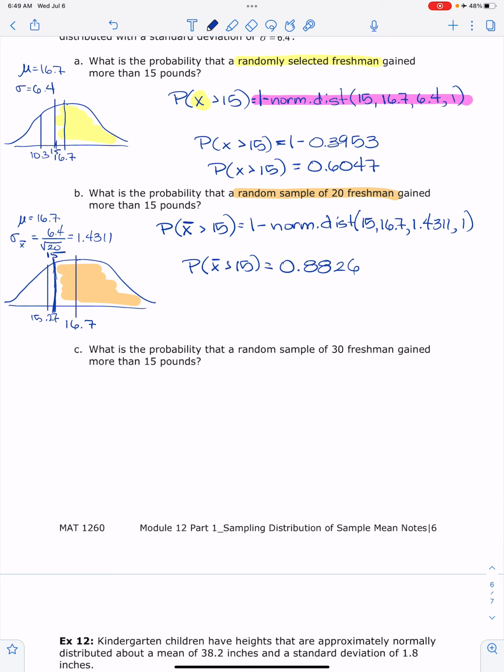We are sampling 20 and taking that average. Okay? Makes sense that the average of all of those individuals would be closer to the mean.